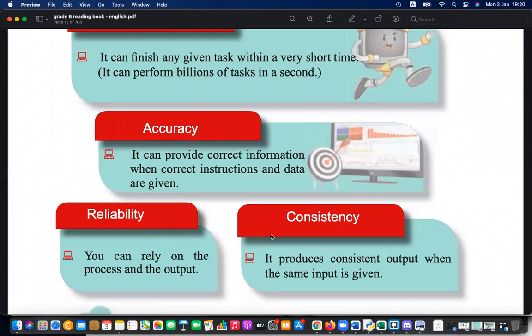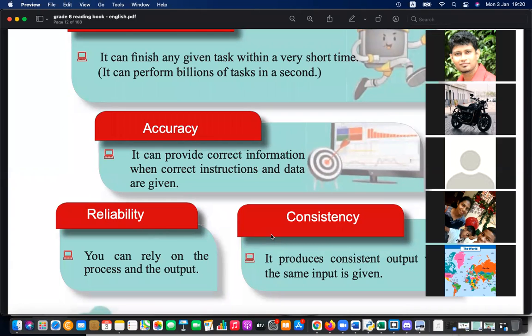I said, good example. Can you remember if you go and ask your mother, Amme, what is 1 plus 1? She will answer. Then you go and ask your mother late at night, maybe 2 a.m., in the dawn, by waking her up, Amme, can you tell me what is 1 plus 1?